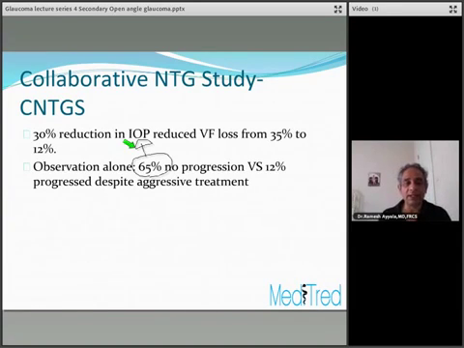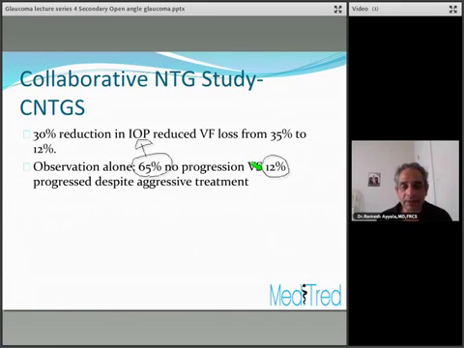But in any case, in this study, 65% showed no progression, even though they were being observed with no intervention, whereas in the group that had a 30% reduction in intraocular pressure, in spite of aggressive intraocular pressure control, 12% of them progressed.